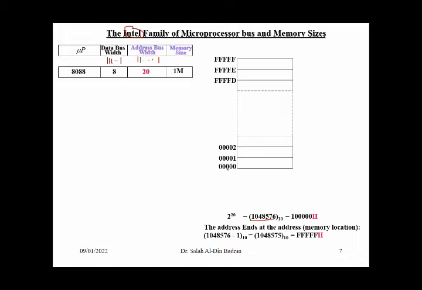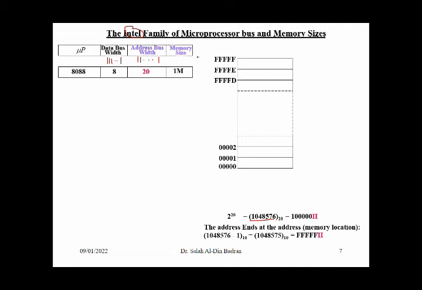This is the beginning address, but the total from 5 zeros to 5 Fs is 2 to the power 20, or in decimal this number, or in hexa this number. So we have to do this subtraction to get the last address here, and this is the beginning address, and here are the data.